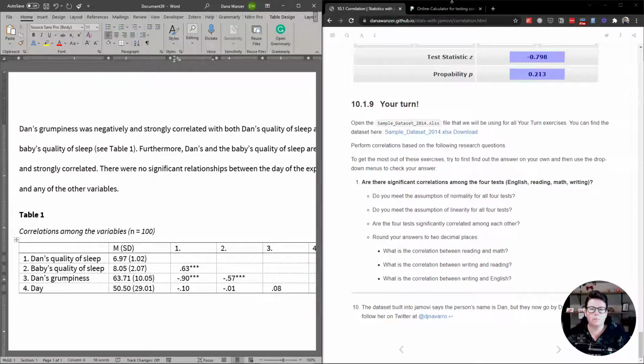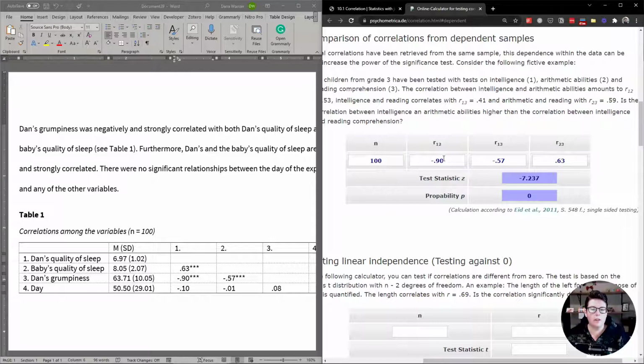So here, now we have 0.63 and negative 0.57, but then negative 0.90, and it is significant. 0.63 is significantly stronger. Well, actually, I wonder if it's because of this positiveness. Yeah, the positive is kind of playing with it, but even if we took that out, it's still significantly different.